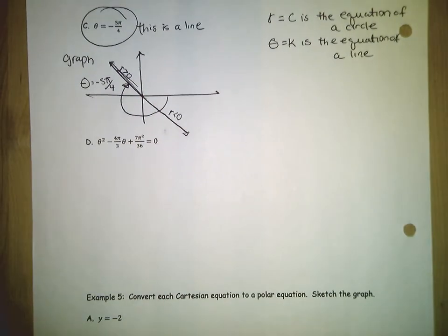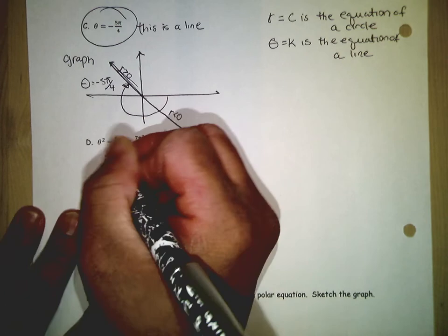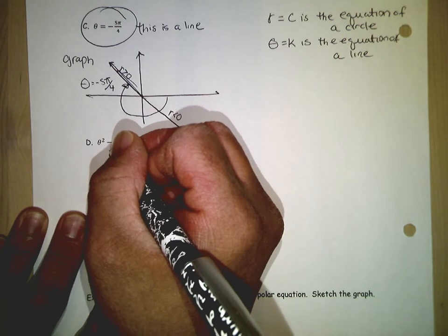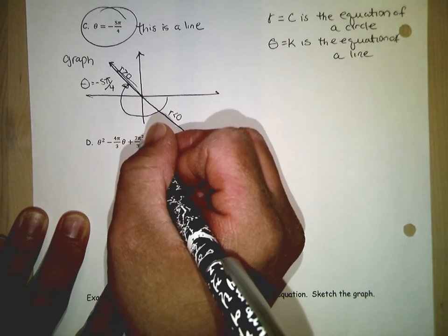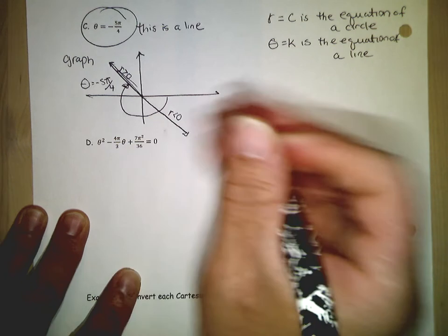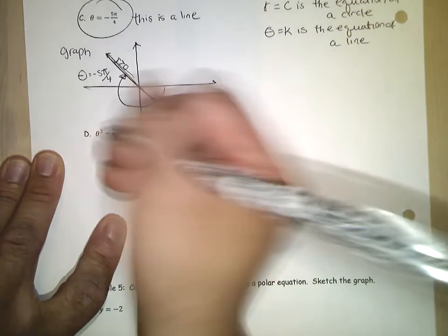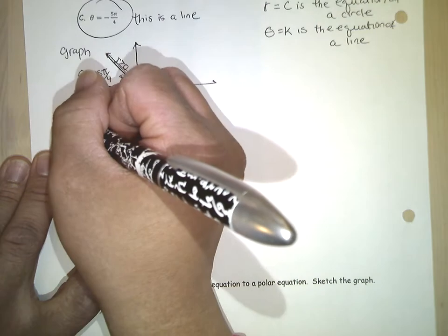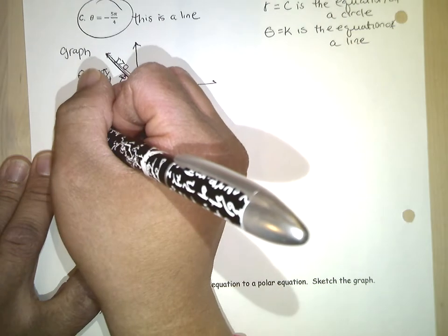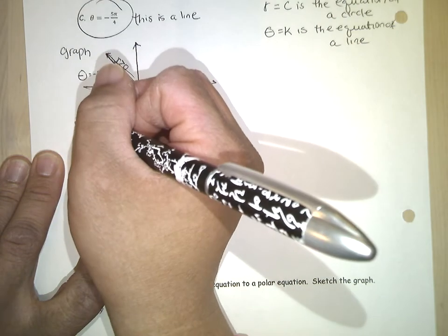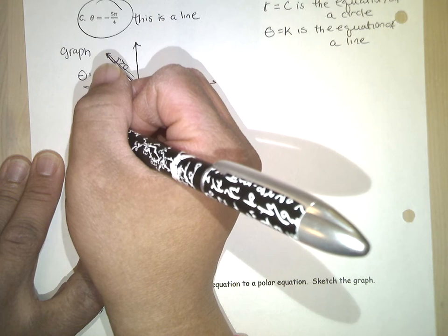All right, here is an interesting equation here. Theta squared minus 4 pi over 3 theta plus 7 pi squared over 36 equals 0. So what I'll do is start by clearing the fraction, and I'll multiply by, say, what would be a good number?